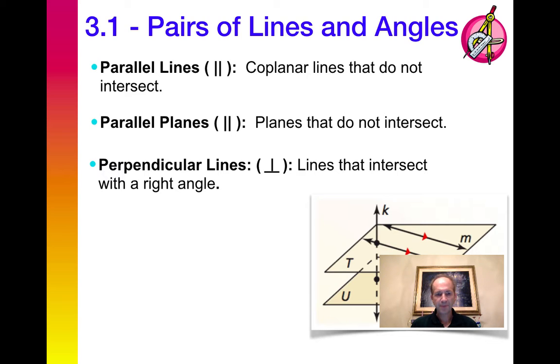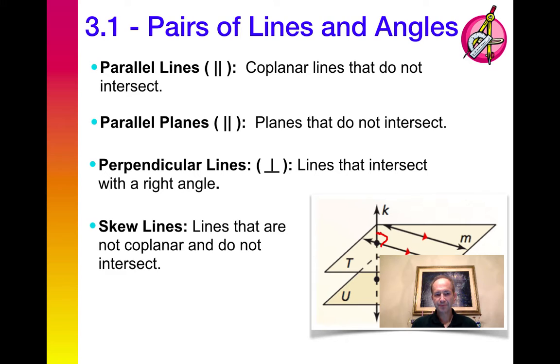Those indicate that they're parallel. Perpendicular is shown by a little mark here, a little square. So we can show that. That's perpendicular. So K would be perpendicular to the plane.